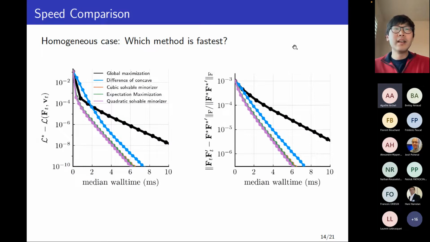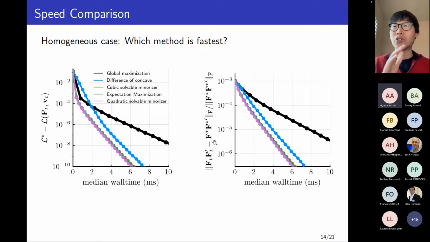So here we're asking which method is the fastest, and what we're looking at on the left is the convergence with respect to the objective function versus wall time. And on the right, we're looking at convergence of the factor matrix estimates. Just to point out, what we're looking at is not just fix V, update V, fix F, update V multiple times.